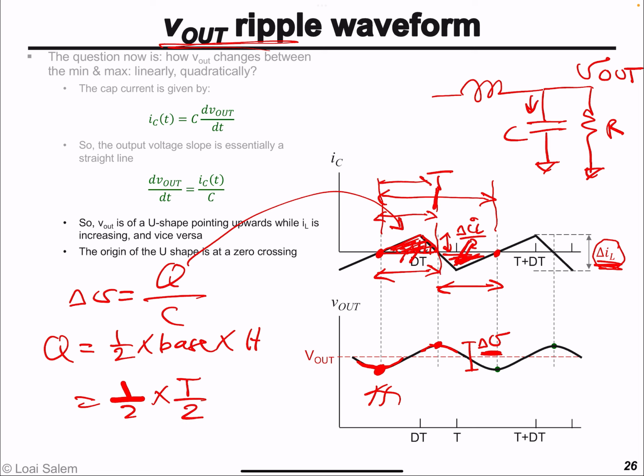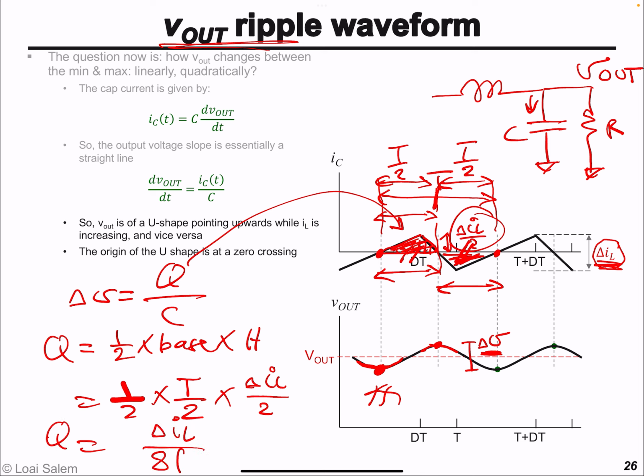You have half of it here for the first positive triangle, and the negative triangle has another half, T over 2. And the height is, as I mentioned, delta IL over 2. So if we simplify this, the Q will be delta IL over 8 times F, where I brought T down to the denominator, so it becomes an F.